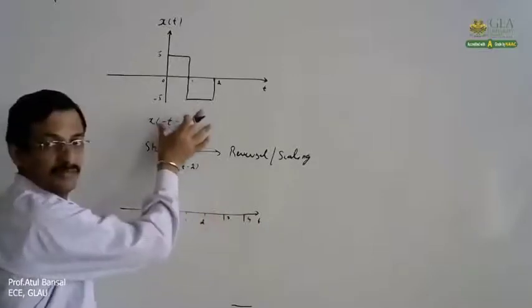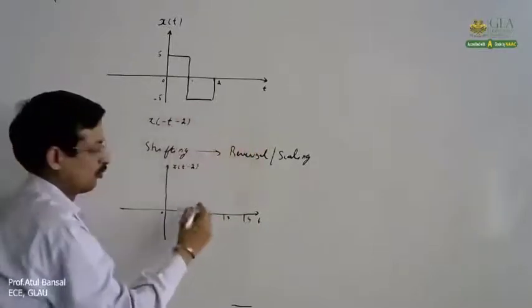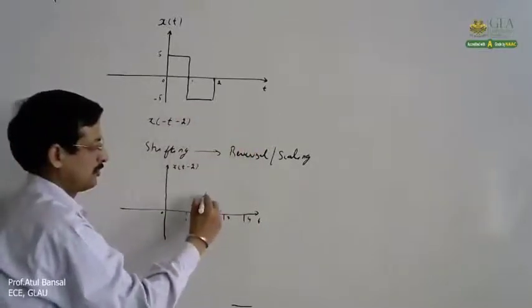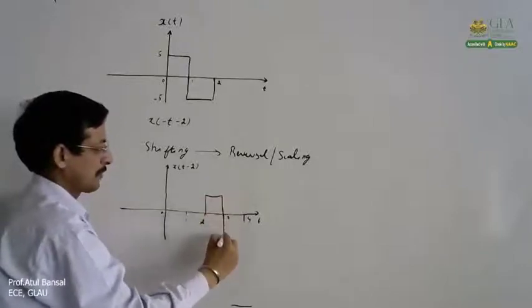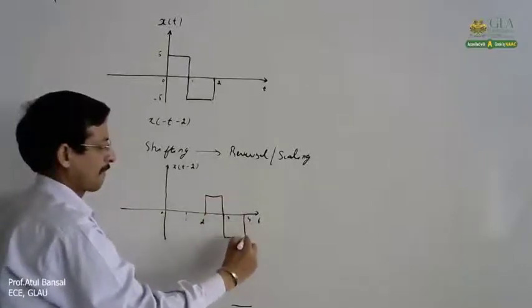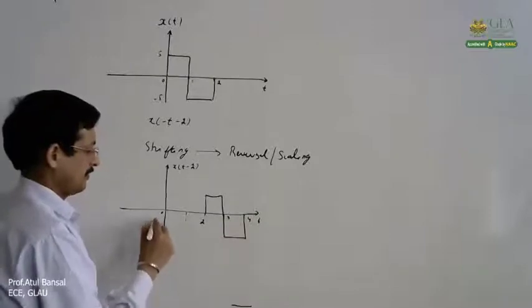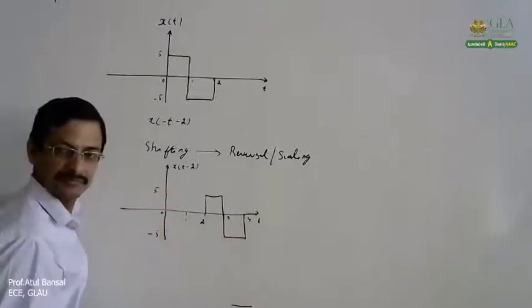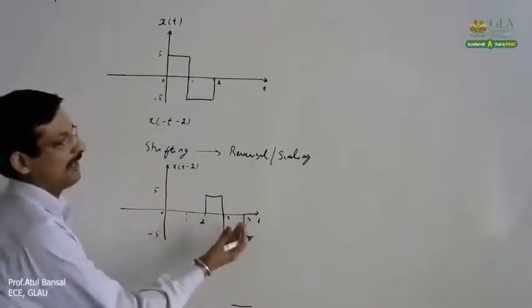So this signal will get shifted towards the right by 2, like this.